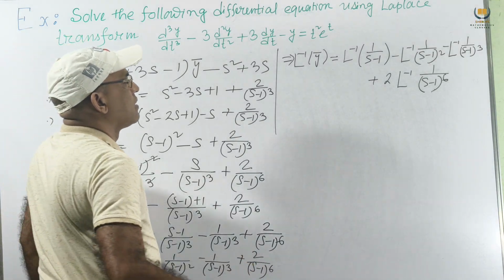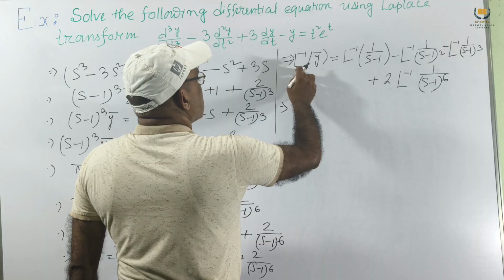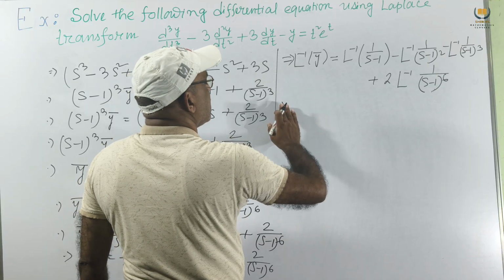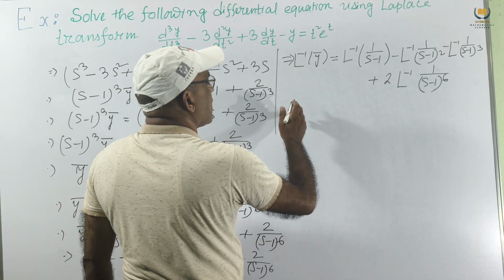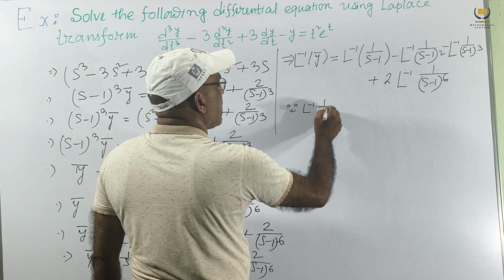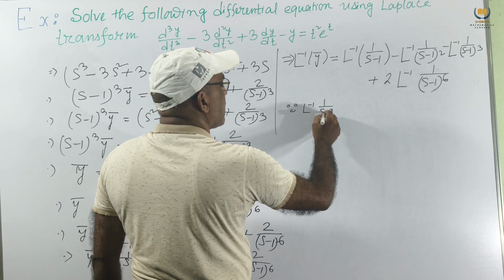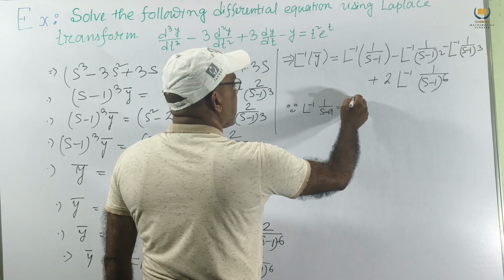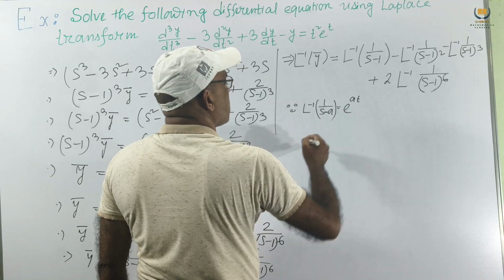So L inverse, we know these two formulas. L inverse 1 by s minus a is e to the power at. We know this formula.